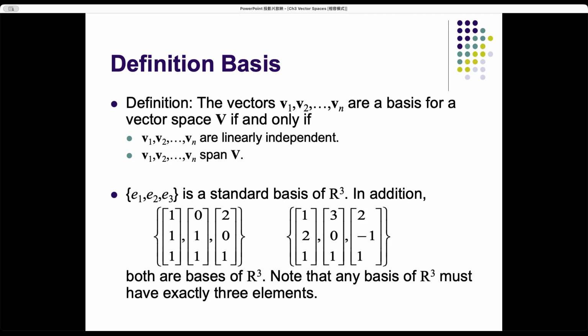Then we know the solution A, B, C must all be 0. Then we can show that these three vectors are linearly independent.